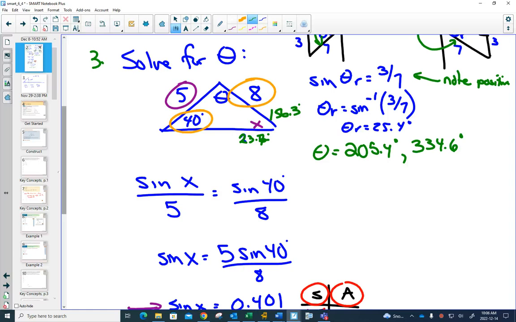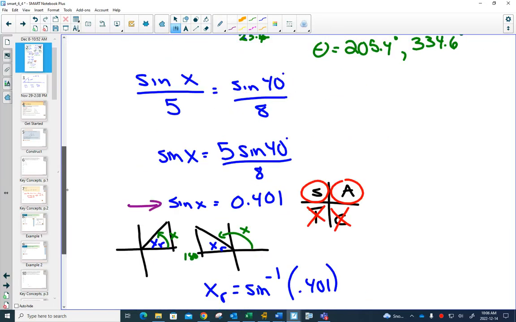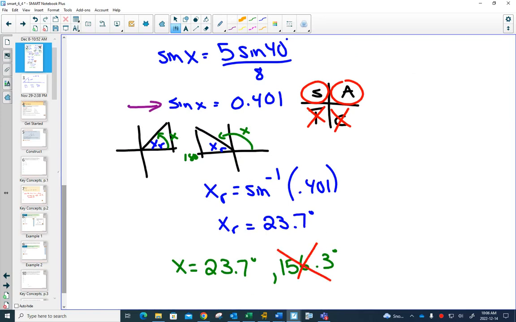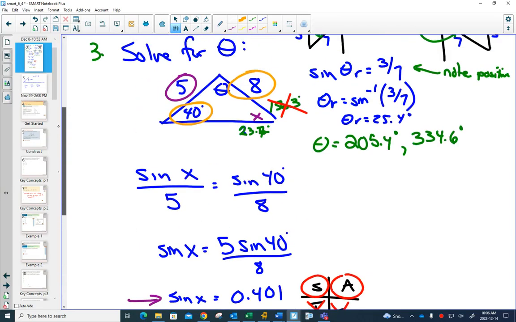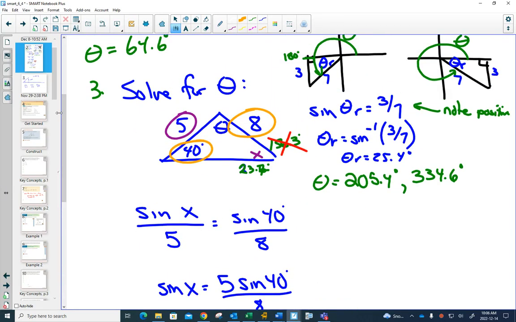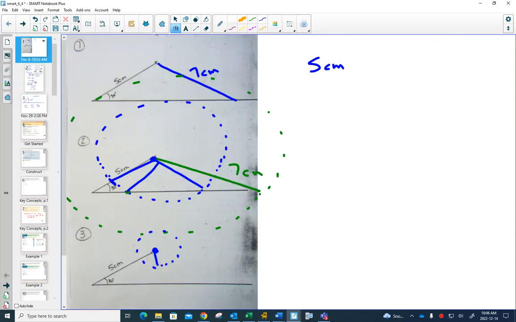Yes. Can you see that 156 is way too big? Because if I have the 156, then I'm already over 180 degrees. So in this situation, the 156 doesn't make sense. Do you remember when we were looking at it yesterday, we said if we go back and think of this, remember when the side opposite the angle is bigger than the adjacent side, we only could draw one triangle.